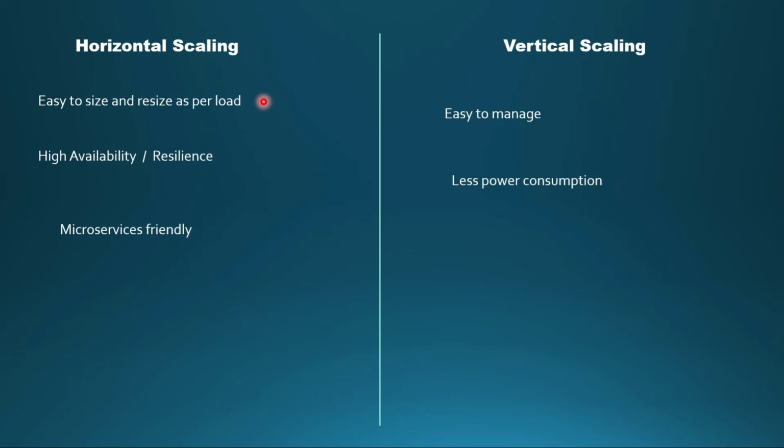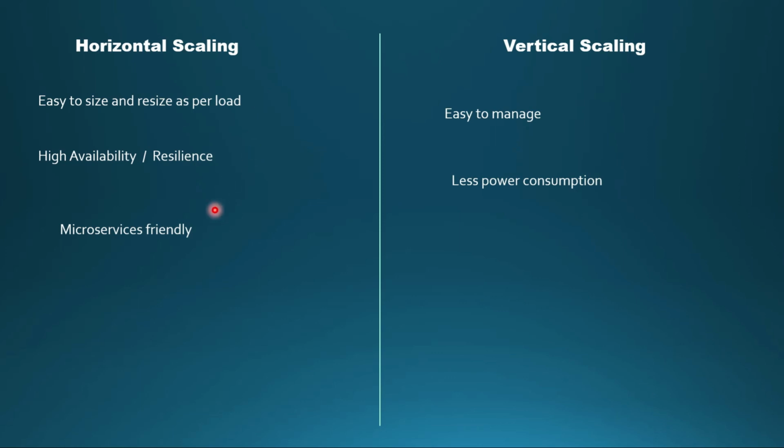Next is high availability or resilience. If one machine is down, another machine can take over, right? The users can be redirected to the other machines and the system will keep going. But in the case of vertical scaling, if there is a single machine and it goes down, that means your site will be down.